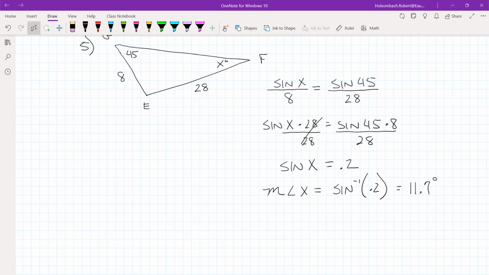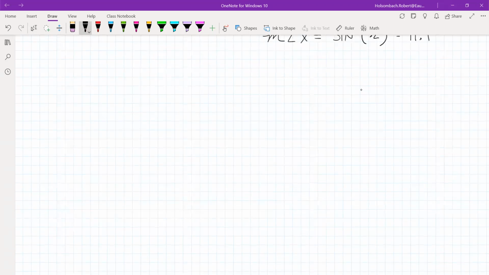All right, and number 6 is G to E is 5. E is 84 degrees.